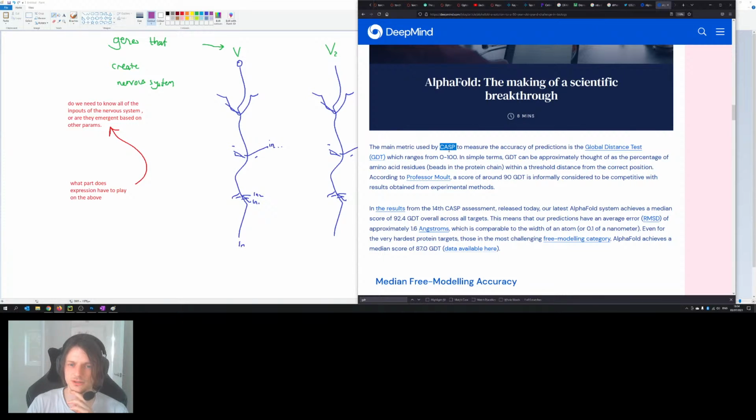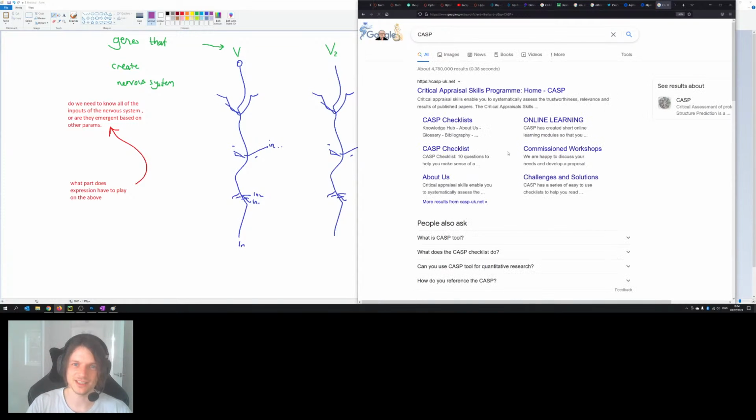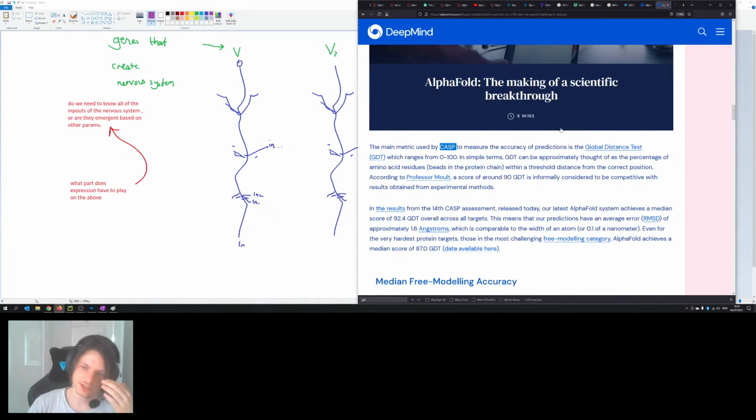CASP is that competition, isn't it? What does CASP stand for? Something like that. CASP, Critical Appraisal Skill Program. Okay. Predictions is a global distance test which ranges from 0 to 100. In simple terms, GDT can be approximately thought of as the percentage of amino acid residues, beads in the protein chain, within a threshold distance from the correct position.